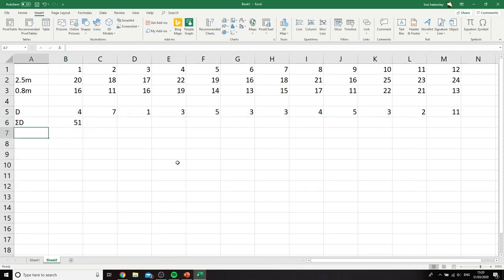Now we need to work out d bar. So the mean, it's going to be the sum of them all divided by how many pairs there are.